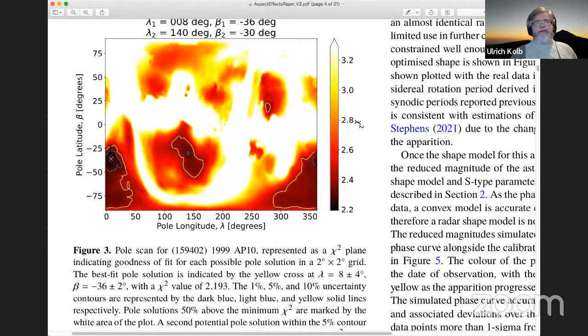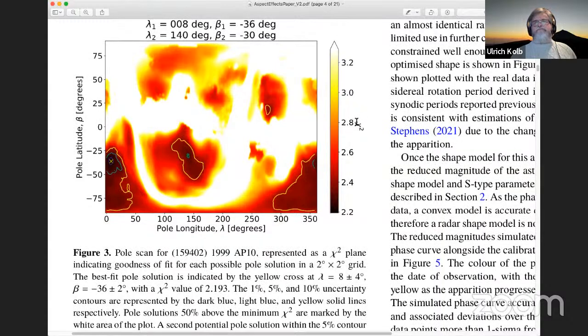These lines here are 1, 5, and 10% uncertainty contours, and the best way of quoting this would be lambda is 8 plus or minus 4 degrees, beta is minus 36 plus or minus 2 degrees, and so on. But there's at least one other local minimum. This is the deepest and arguably the best fit one. So there's lots of uncertainty built in, and there's a way to estimate this rigorously as well.